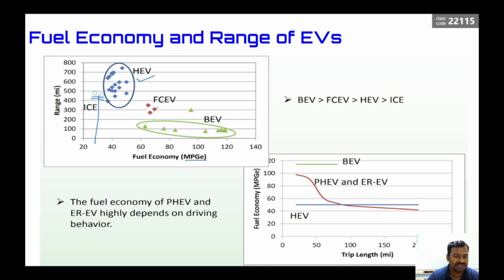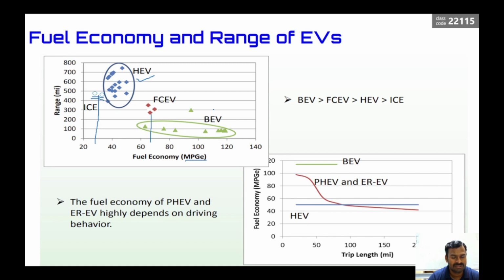And then FCEV, fuel cell type electrical vehicles. For these, the fuel economy again increases, and the range is comparatively lesser than the IC engine and the hybrid electrical vehicle. But anyhow, the fuel economy is better for this type of vehicle.